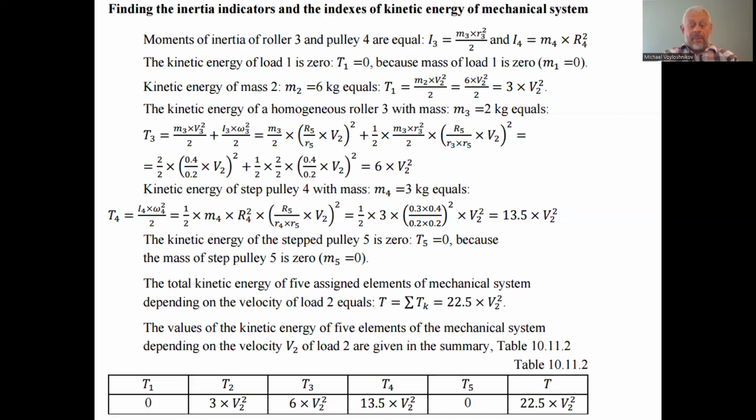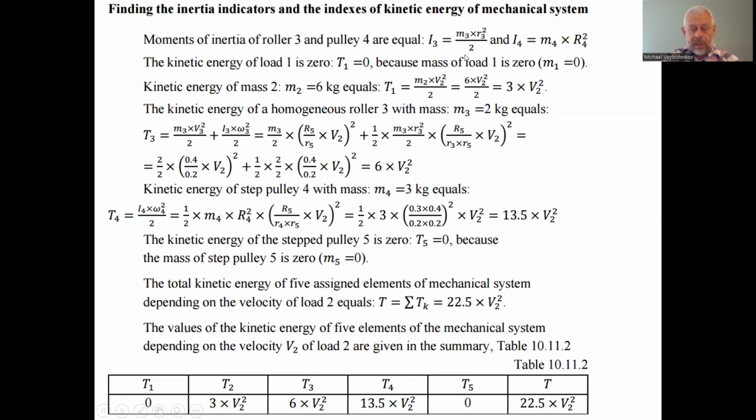Okay. Next, to find the kinetic energy magnitude, we have to define the inertia characteristics of the elements of the mechanical system. Let's go consecutively. The moment of inertia of the roller 3 is m3 multiplied by r3 squared divided by 2.